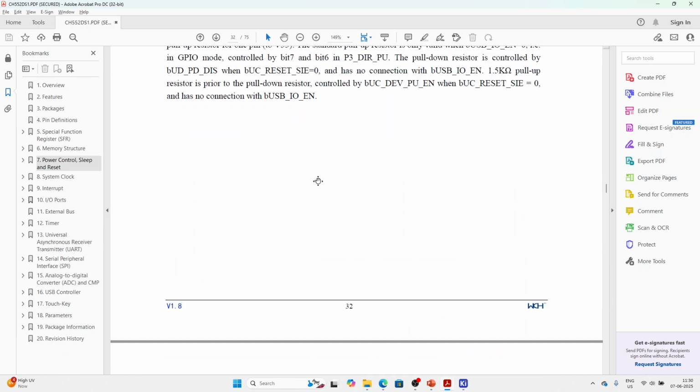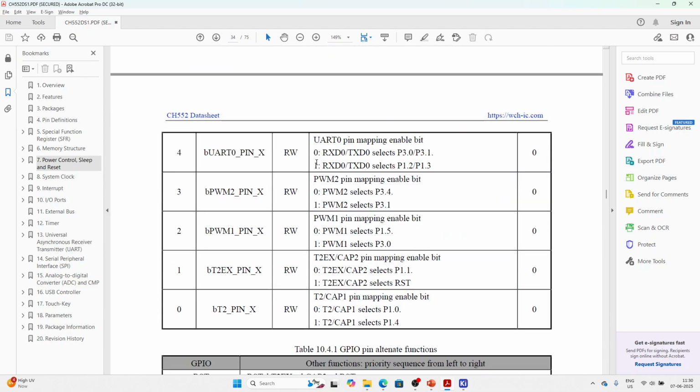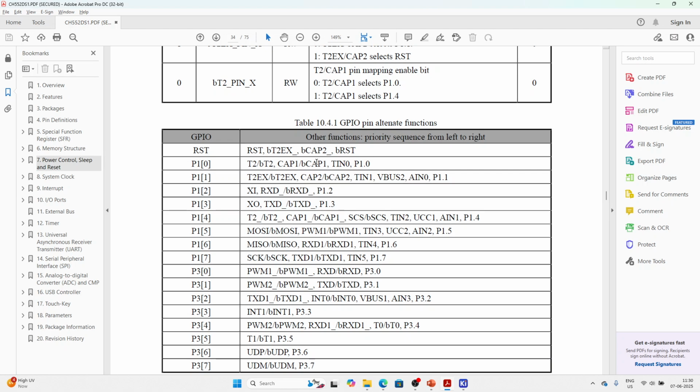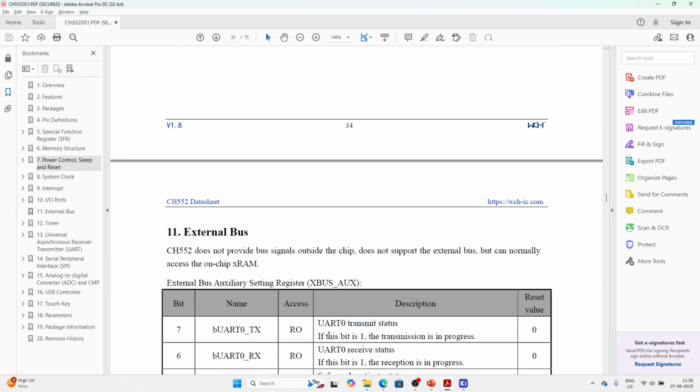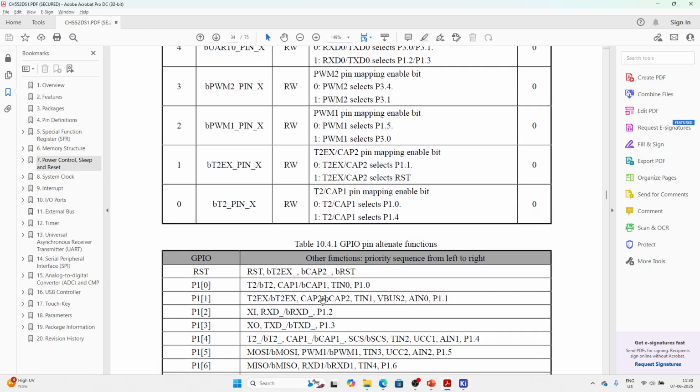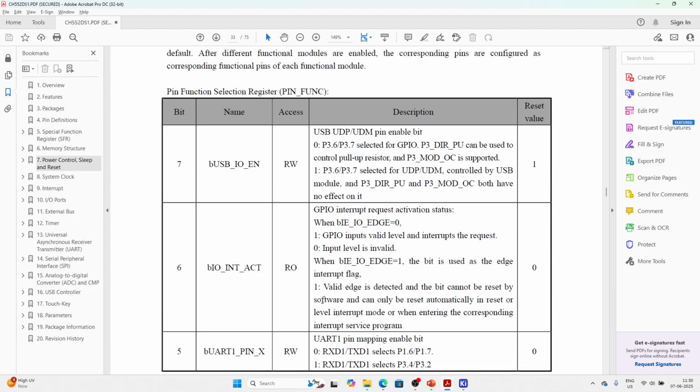It should be somewhere about the 30th page. Yeah, bit USB IO. This is what I was referring to.